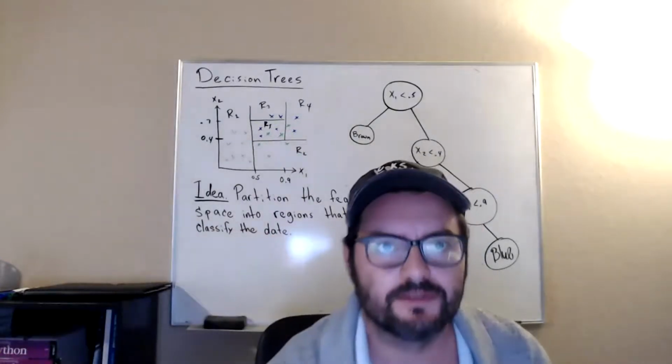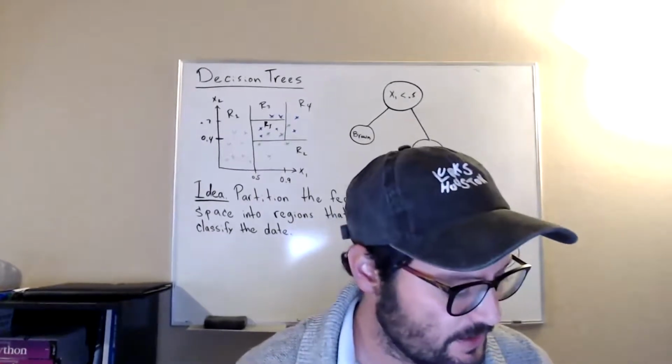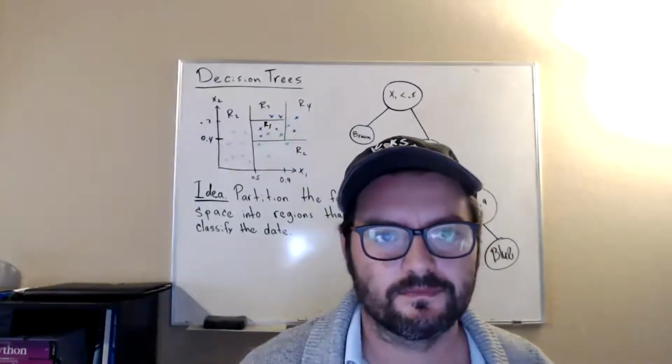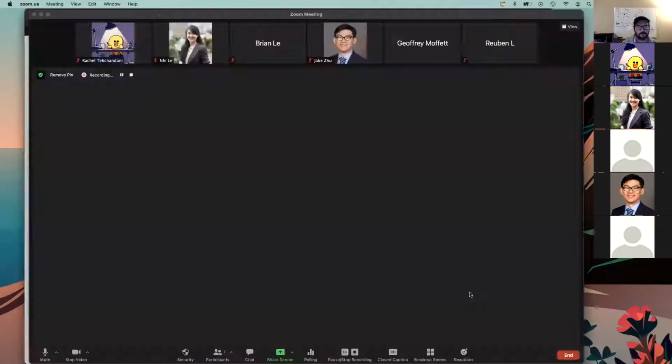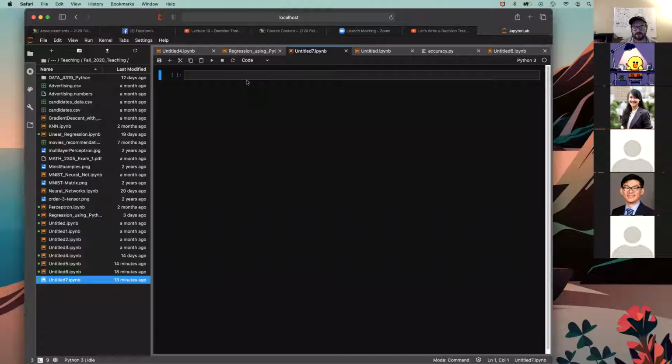Okay, so let's go ahead and show how to use sklearn to do this. We're just going to keep it simple, and we're going to do this on the iris data set. So we can say from sklearn.datasets import load_iris.